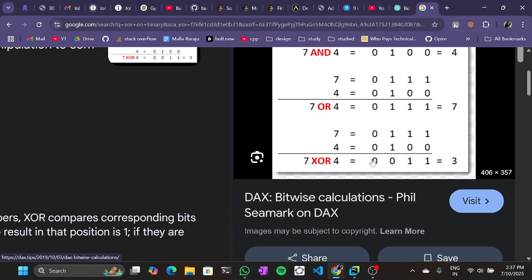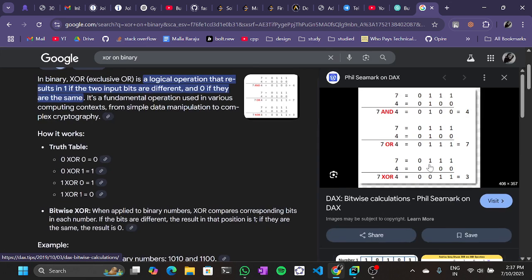Since both are zeros, it will be 0; both are ones, it will be 0; and if it is 1 and 0, or 0 and 1, the value is 1. So for 1 and 2 the value is 3.